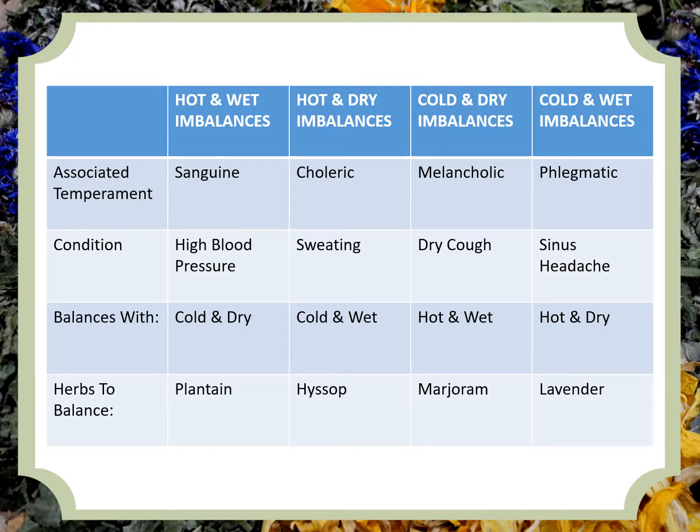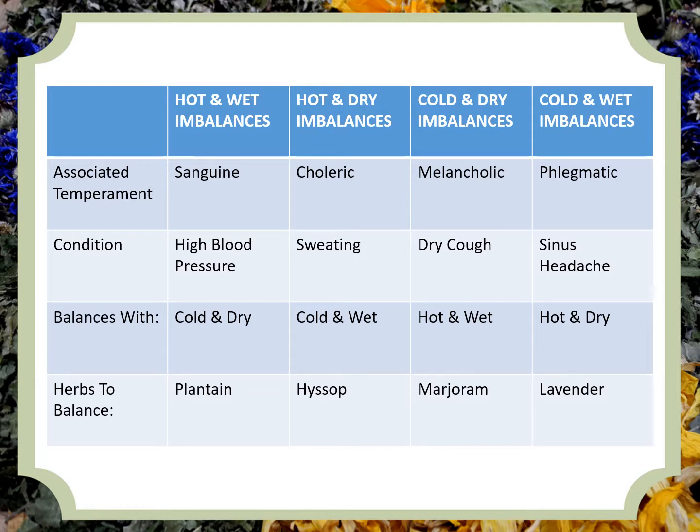And the way that you balance these out is with the opposite. So high blood pressure is associated with a sanguine temperament, and is considered to be a hot and wet imbalance. So you're going to want to balance that with something that is cold and dry.